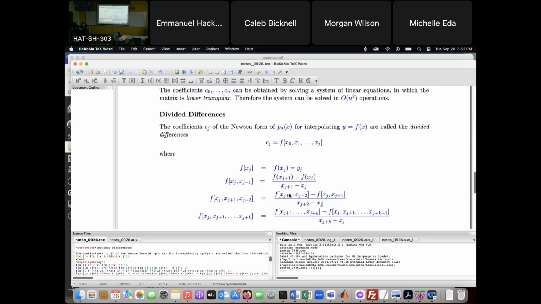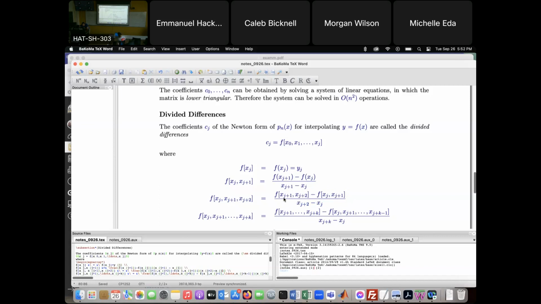Now, which two x values? Notice that these are two first order divided differences, and I'm subtracting them and dividing by a difference of x values to get a second order divided difference. Notice they have one x value in common, xj plus 1. That is the x value that is not included in the difference down here. It's the x values that these first order divided differences do not have in common that are subtracted down here.